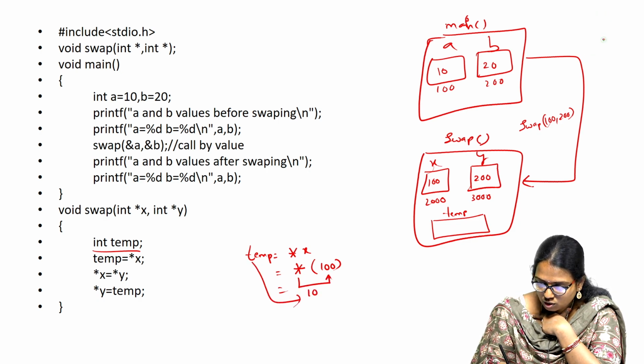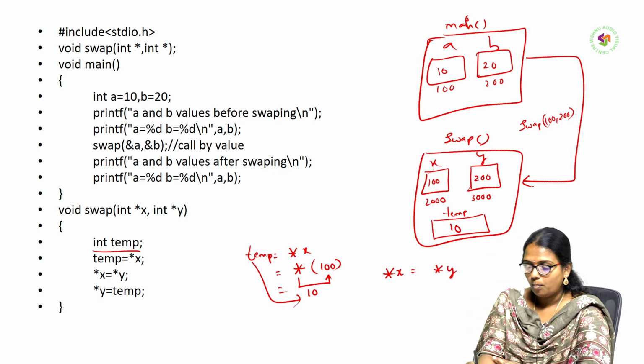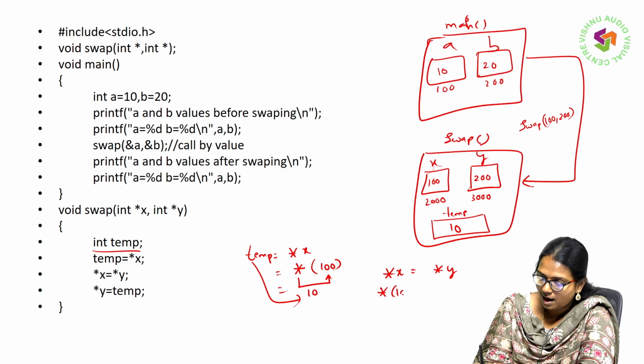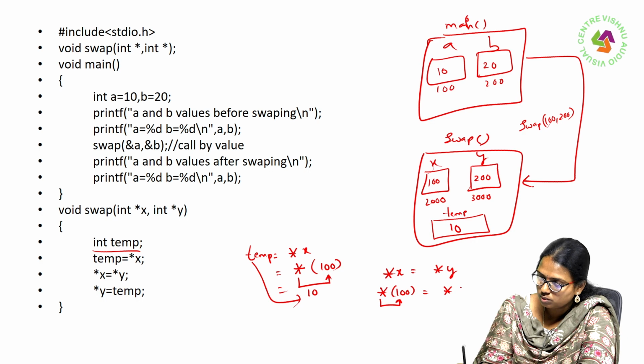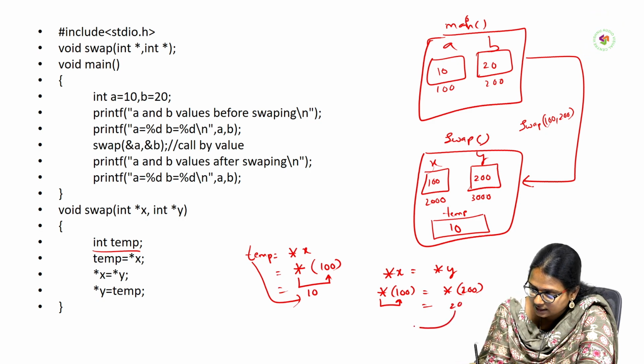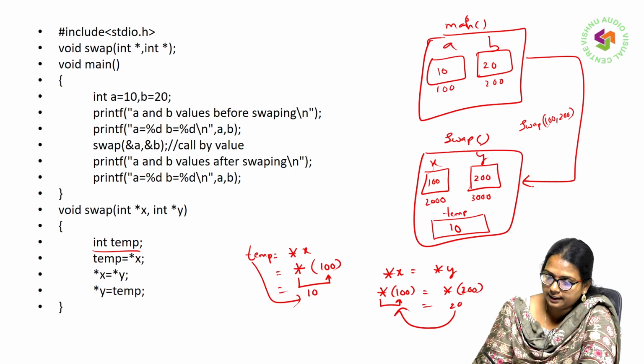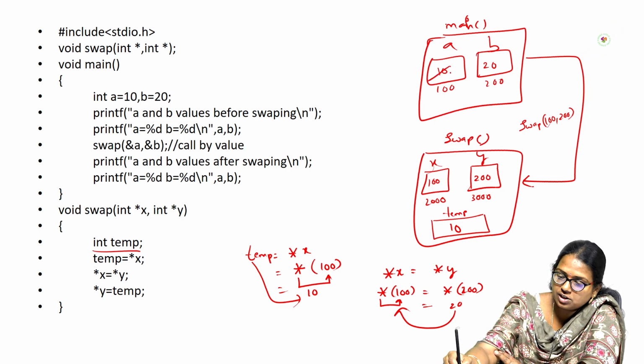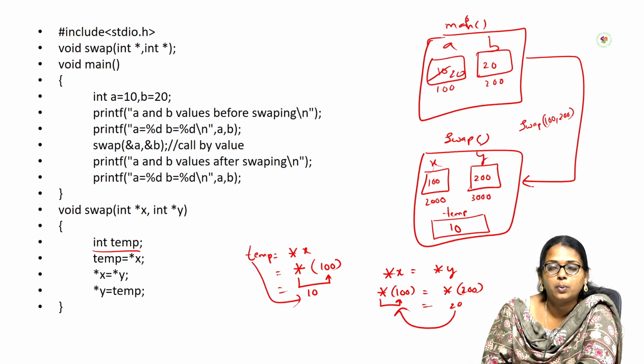So temp is 10 now. Next, *X is equal to *Y. The value at the address 100 should be equal to the value at the address of Y. What is the value at the address of Y? 20. This 20 is assigned to the memory location directly. Now it changes and the value is 20.